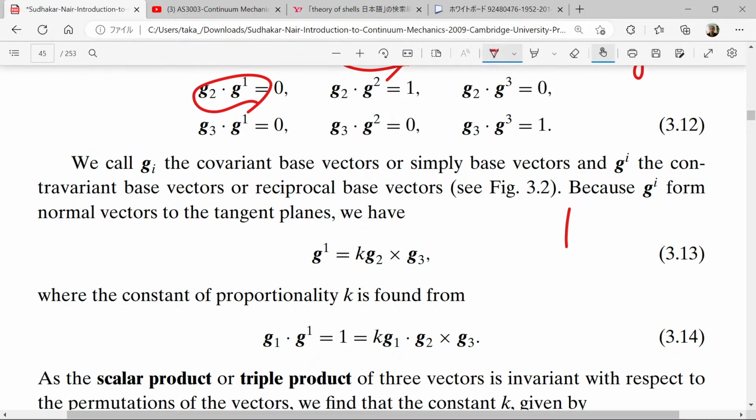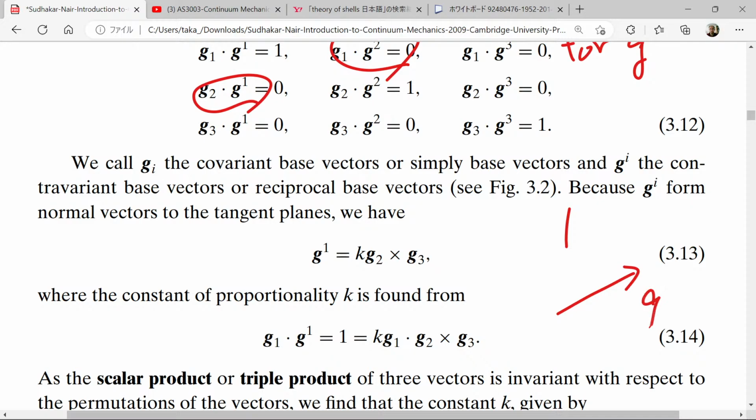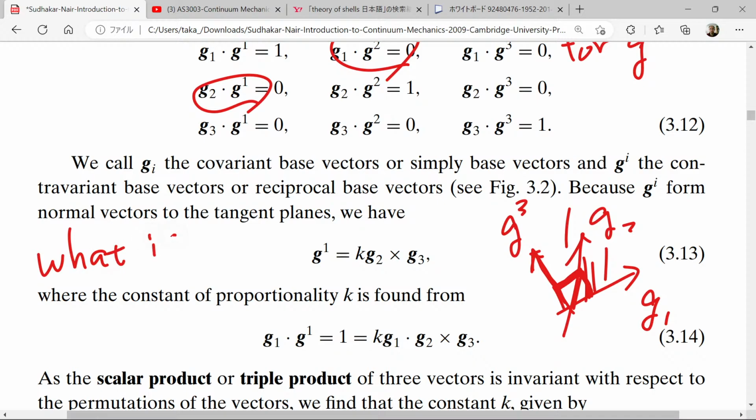So if you have a G, this is like a G1. Then this is like a G2, and you have some plane. And this is like the normal to this plane. This is called G3 up. Then the question is what is G3 down?